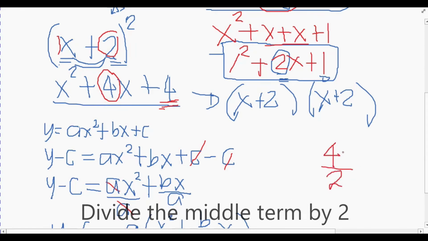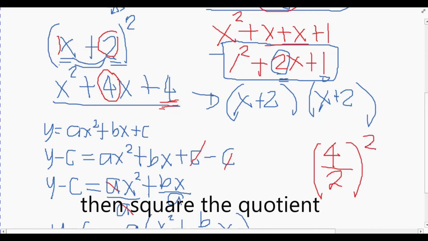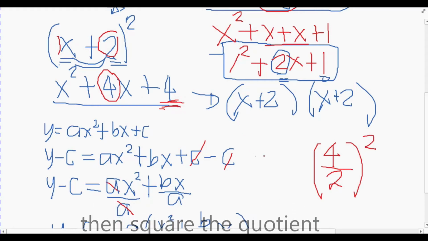and then we square that. So divide by 2 and then square of that. To get the last term, you divide the middle term by 2 and then you square it.